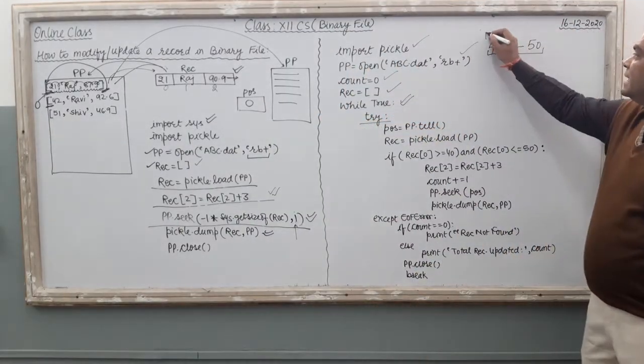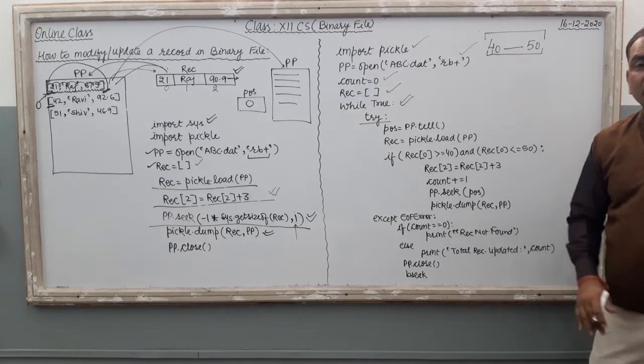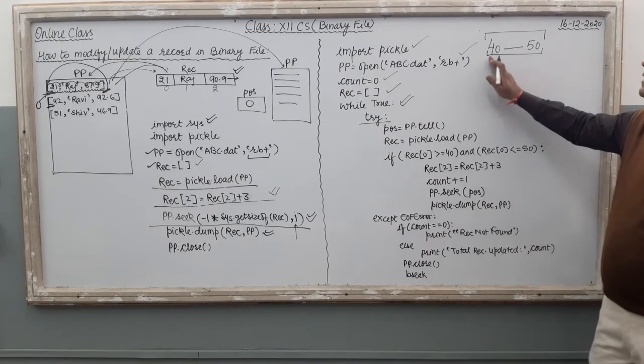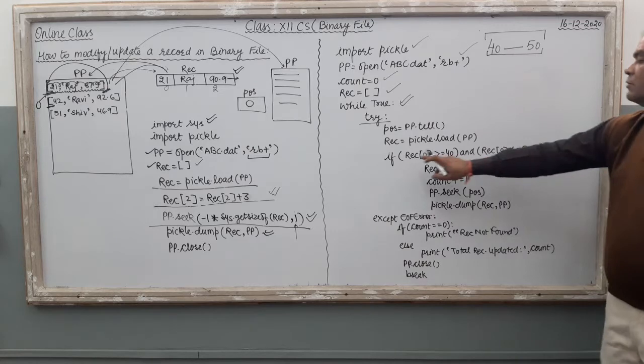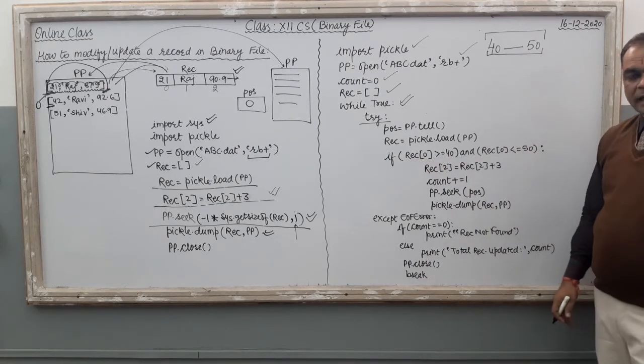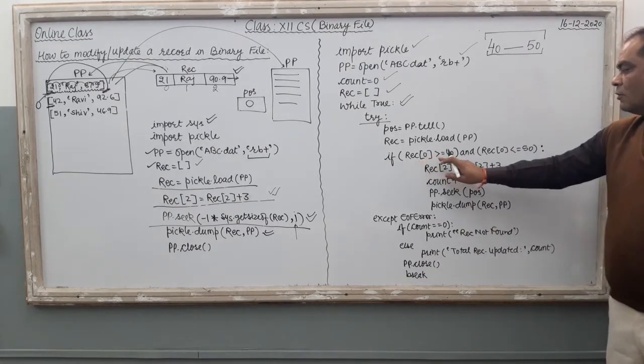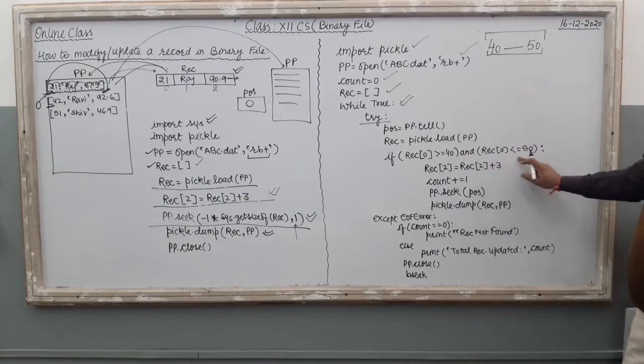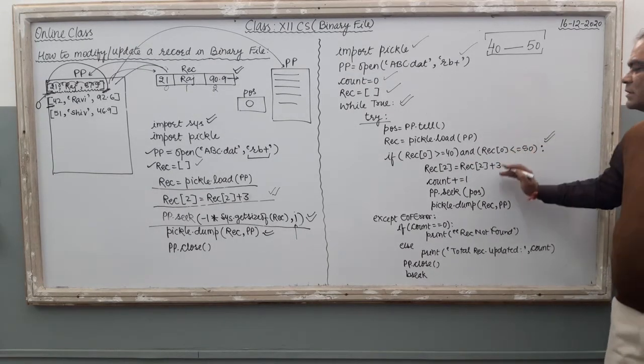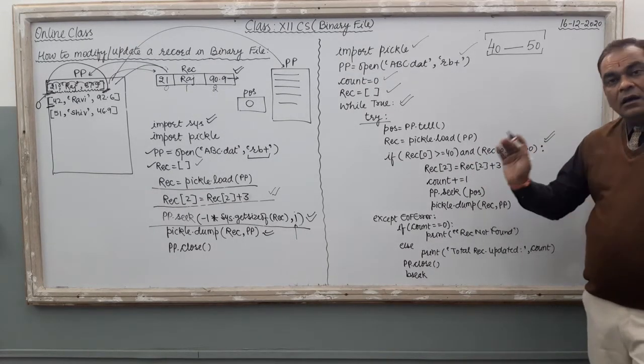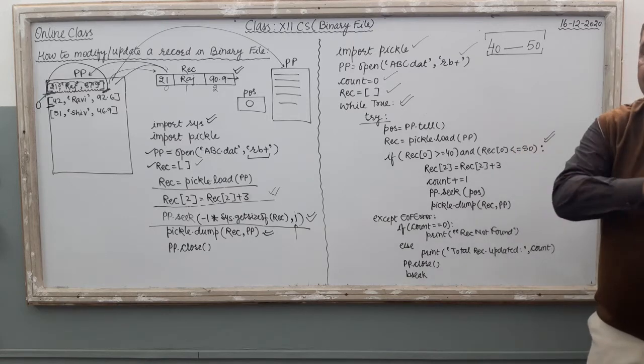We want to make changes in those records only where roll number is available in between 40 to 50, so that I use this condition here. Right? So those selected records are inserted in this if.